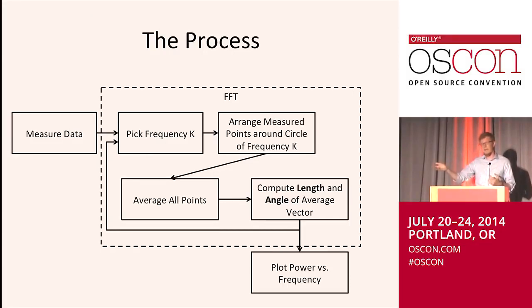You could also look at the angle of that vector. For 95% of what you would ever want to do, you really don't care about the angle, but it's there. We call that the phase. And then you repeat this process for every frequency that you care about analyzing.